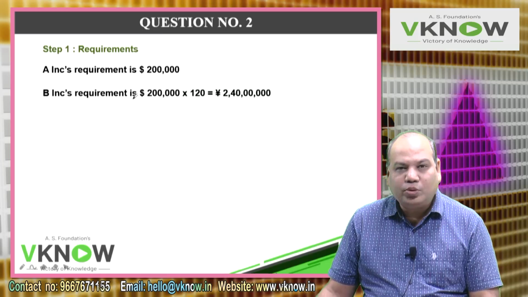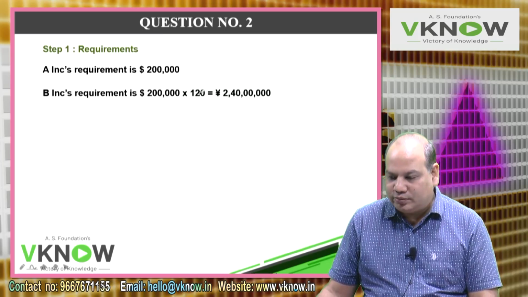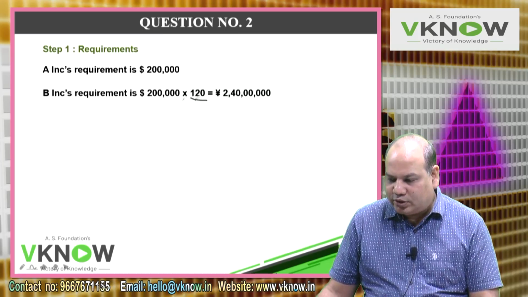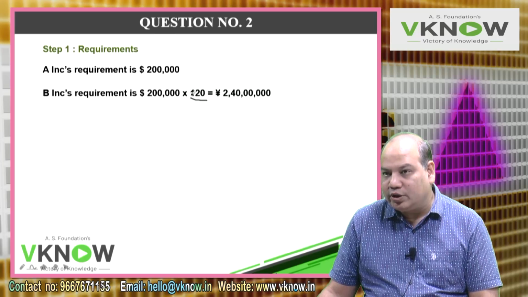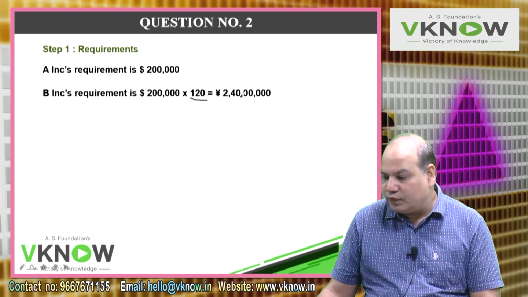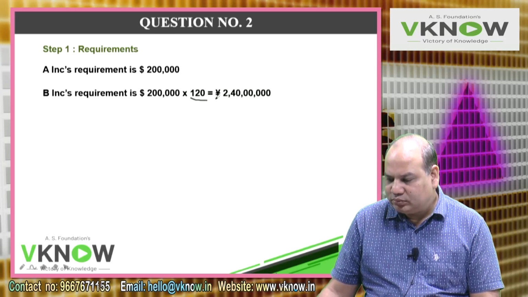Means they want to borrow in yen, which is equivalent to $2 lakh today. And the exchange rate is 120. So B wants to borrow 2 lakh into 120, 2 crore 40 lakh yen. These two amounts are equal today because of the exchange rate.